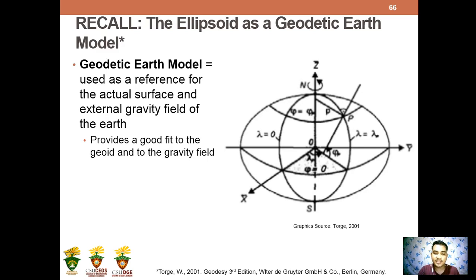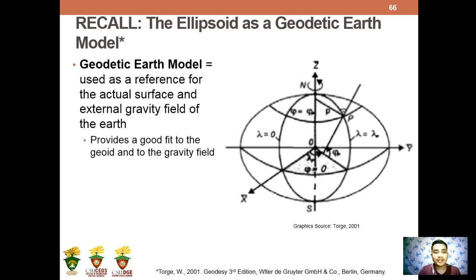So mao to sa geoid, and out from that irregular surface like for example gikuha na pud siya og good fit no para mas ma-simplify ang shape sa earth.